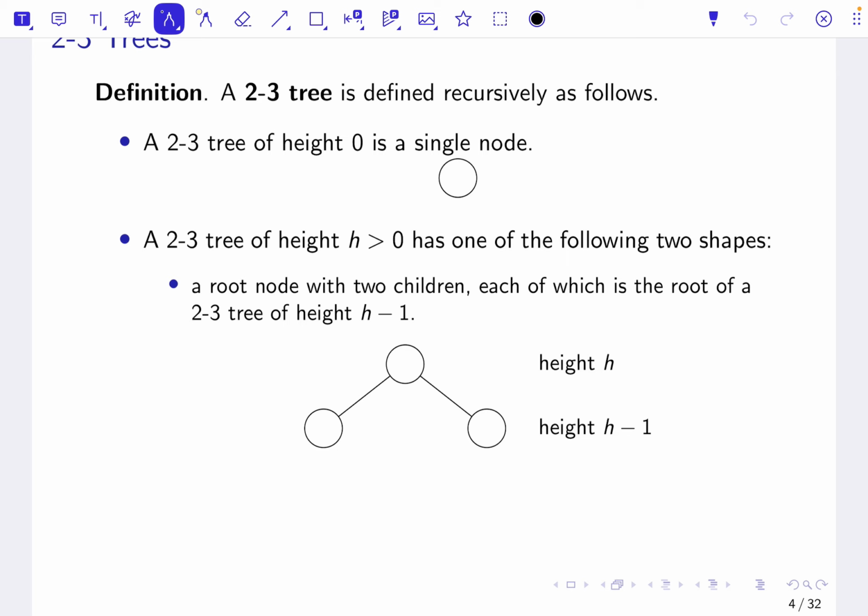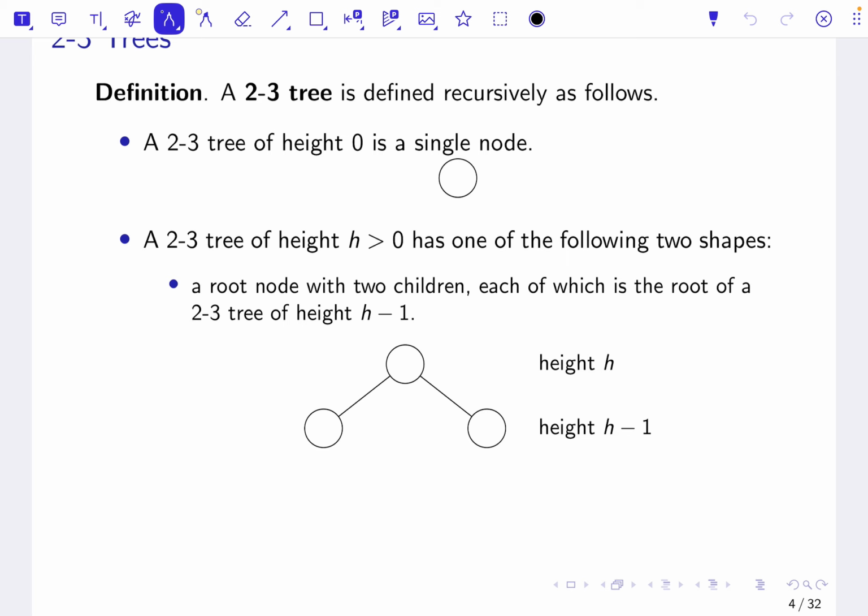We're going to sort of skip straight to the recursive definition of these guys. A 2-3 tree of height 0 is a single node. Sounds good so far. A 2-3 tree of height h strictly greater than 0, so like 1 or more, can take on one of the following two shapes.